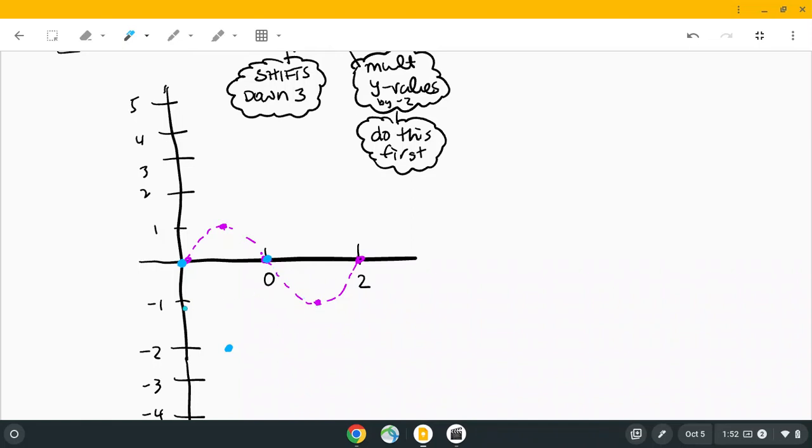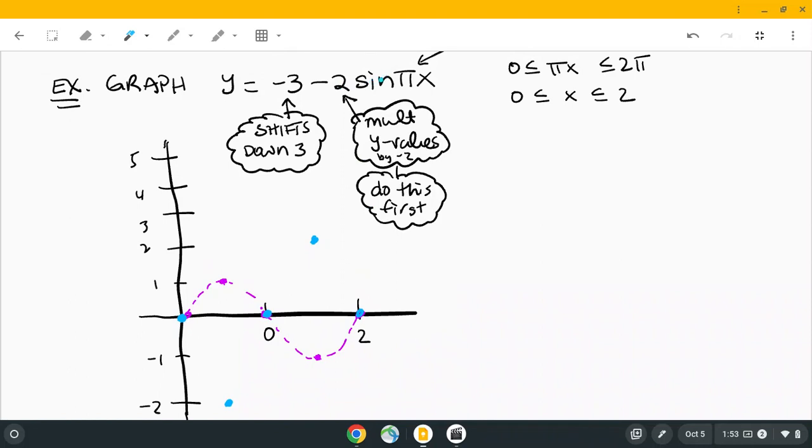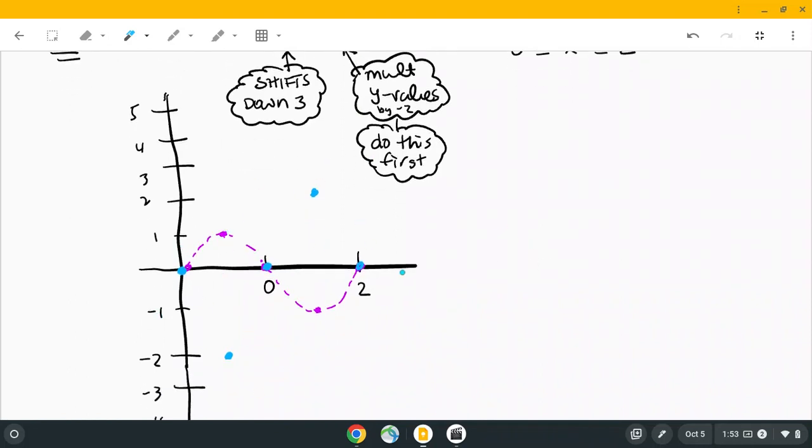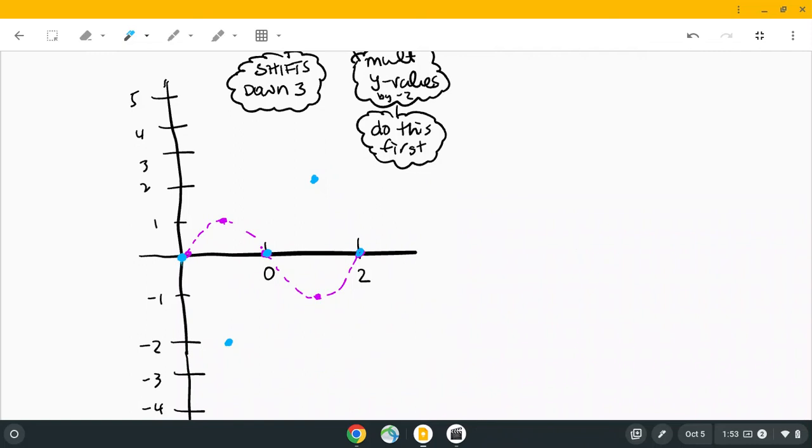Y value is -1. -1 times -2 is +2. And y value is 0. 0 times -2 is 0. And again, we know that when we multiply the trig function by a negative number, it flips the wave, right? All right, so I did that.